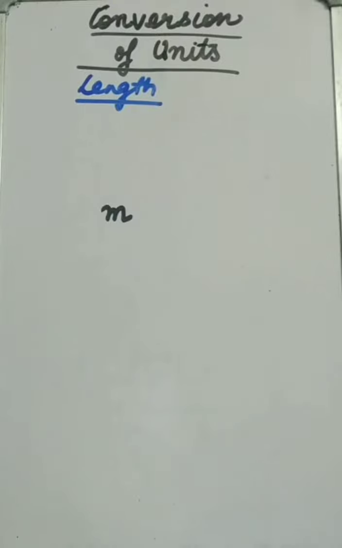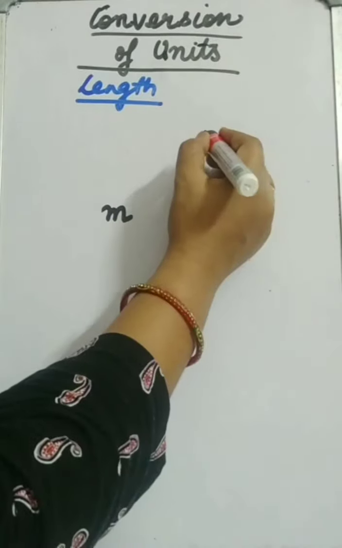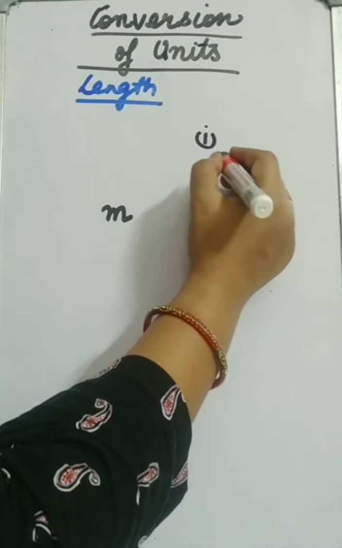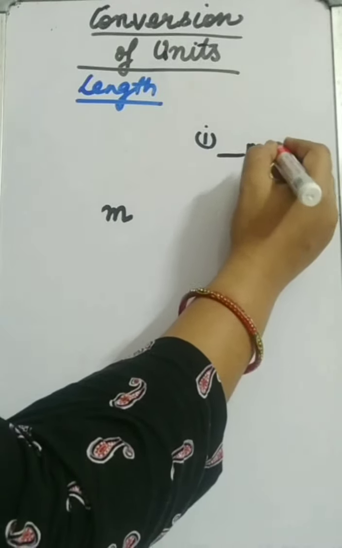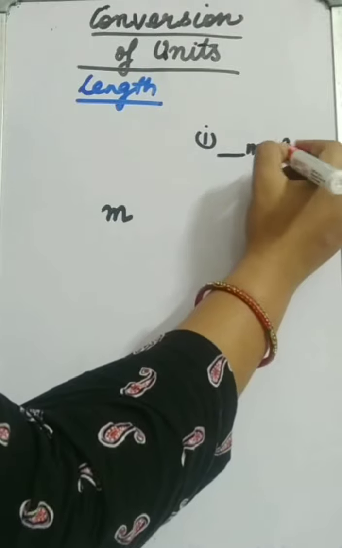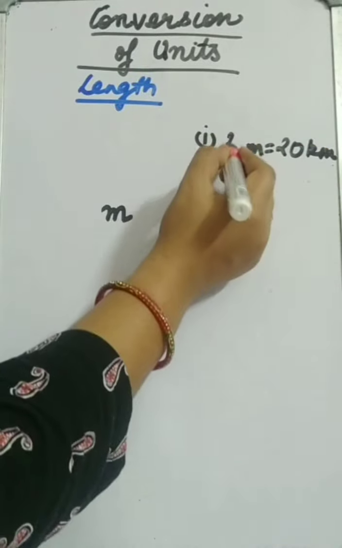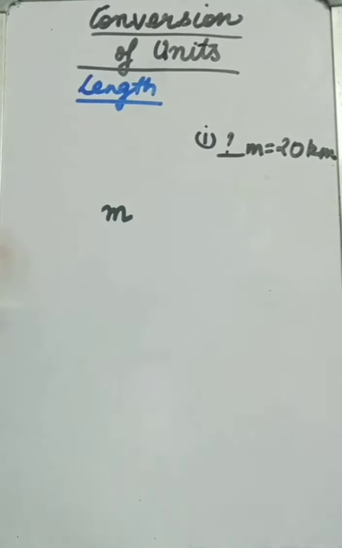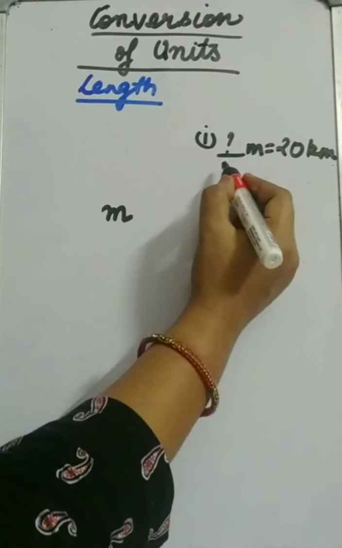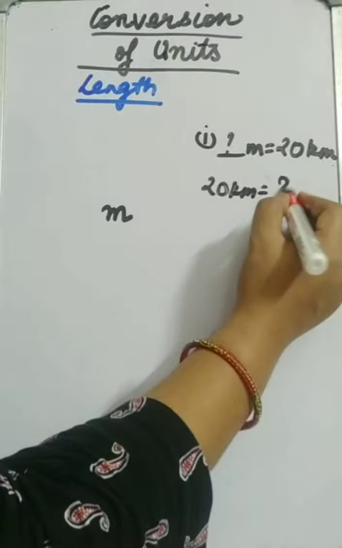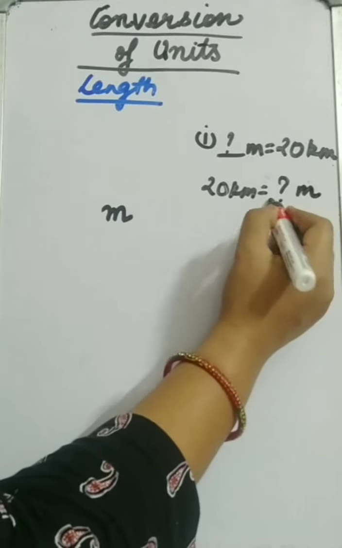The first step is, suppose it is asked, dash meter is equal to 20 kilometer. You have to find how many meters is equal to 20 kilometers. So the first step will be that you write it in this manner: 20 kilometer is how many meters.